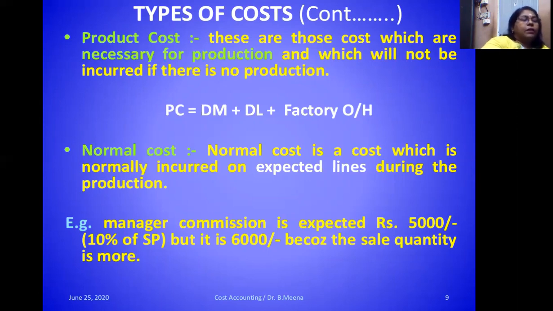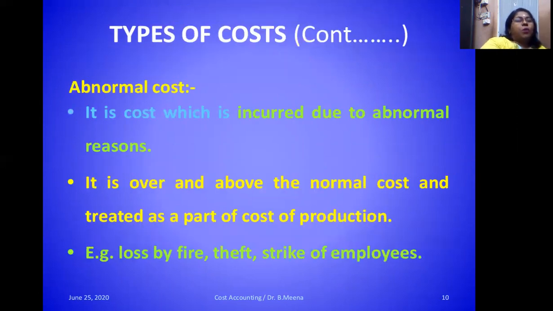Okay. Next, just opposite to normal cost, is abnormal cost. Normal cost is influenced by the specified reasons of the undertaking. But abnormal cost is not like that. It is a cost incurred due to abnormal reasons. It is over and above the normal cost and treated as part of the cost of production.